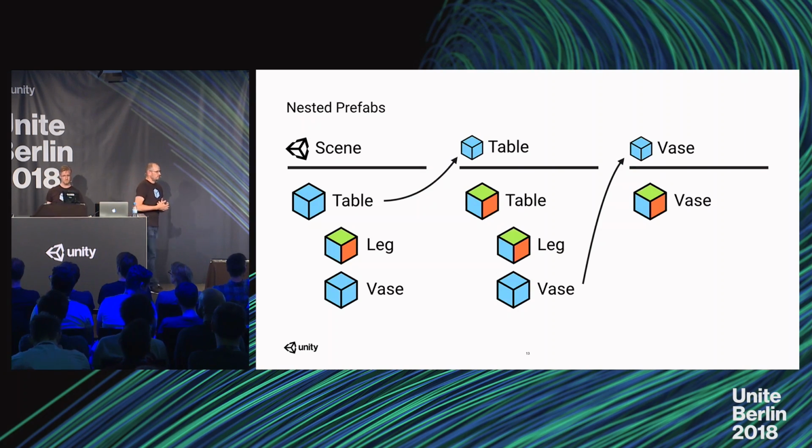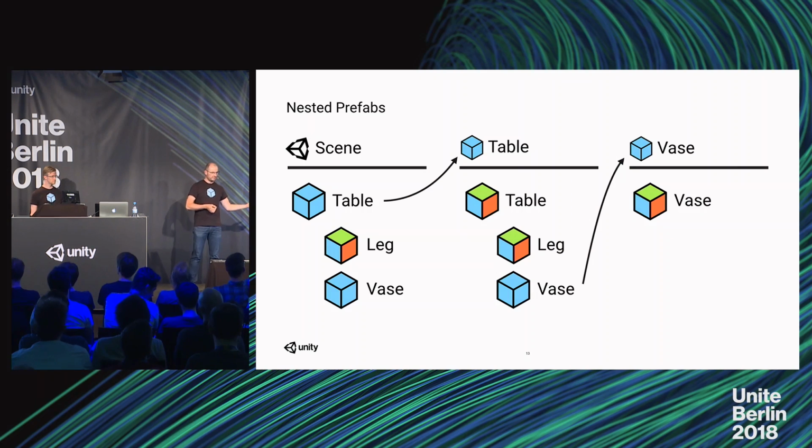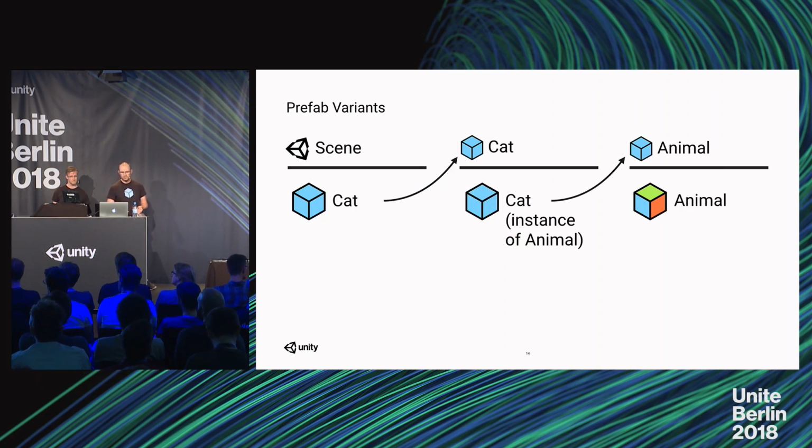So the concept of nested prefabs shouldn't be a surprise to anyone. We have the table instance in the scene. We have the table prefab asset in the middle. And the prefab asset has a vase asset, a reference to the vase prefab. The concept of variants is very similar, actually.